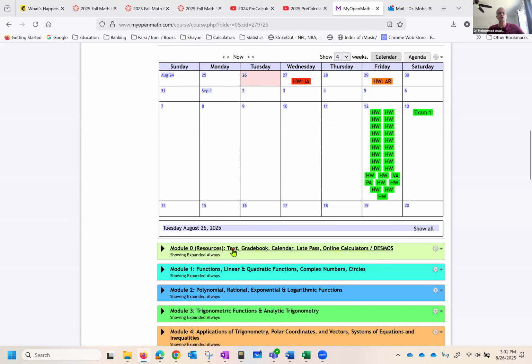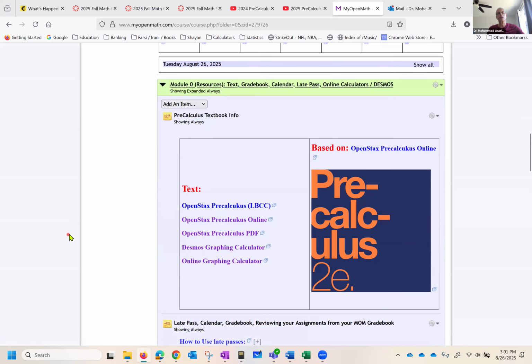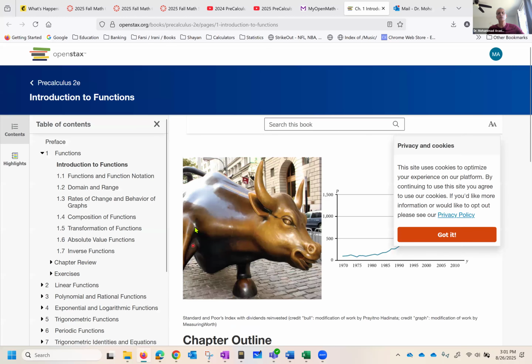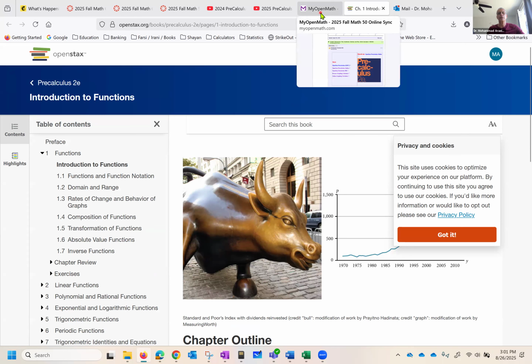However, I also have module 0, which is called resources. So let's quickly look at module 0. Number 1, you see the text. So this is the text. So you don't have to purchase anything.